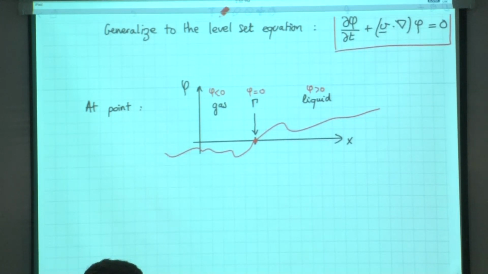Transporting this function is somewhat complicated. We need schemes that have the capability of dealing with all those little wiggles. One way to make our life easier, and we'll get back to that tomorrow, it would be ideal for us if this function was absolutely smooth. It is easier for us to transport a perfectly linear function than it is to transport a weird-looking function like this.